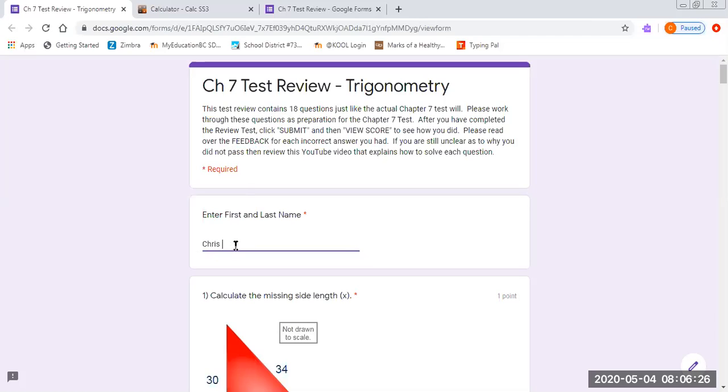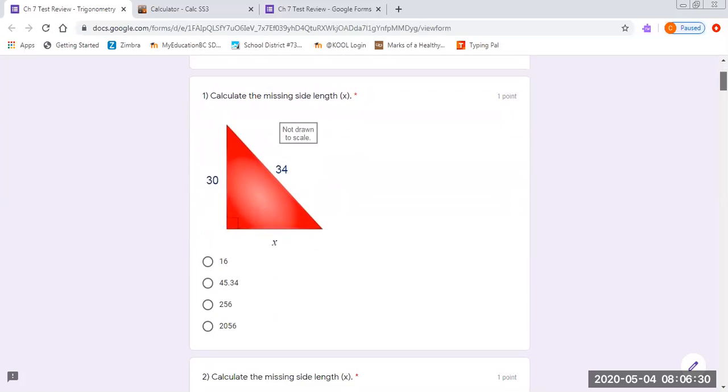Obviously you're going to put your name in here. You're going to go down and start determining the answers to each of these questions. In this first question, because we know 2 side lengths, what we can use in this case is Pythagoras theorem.